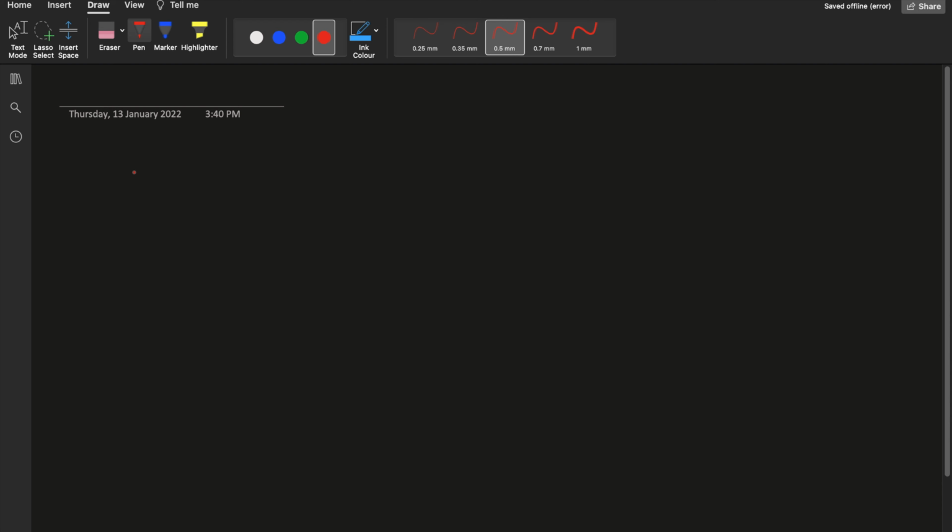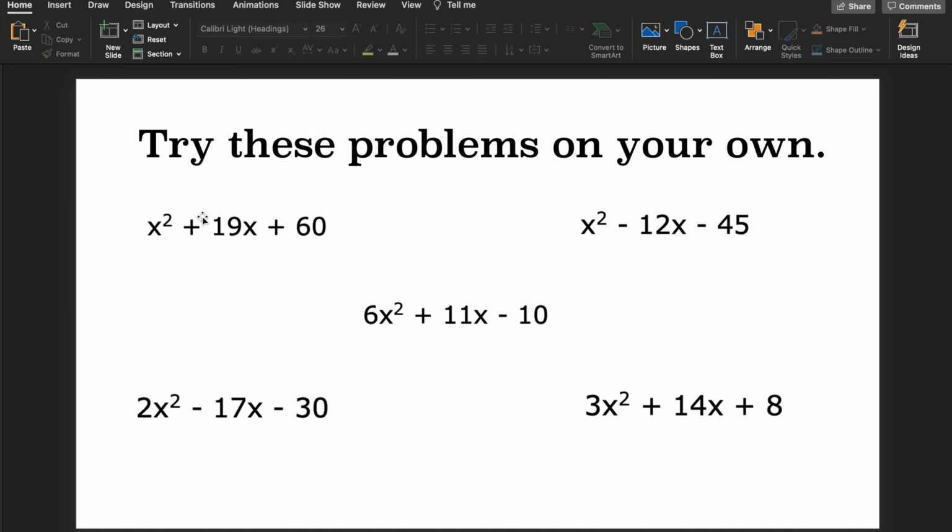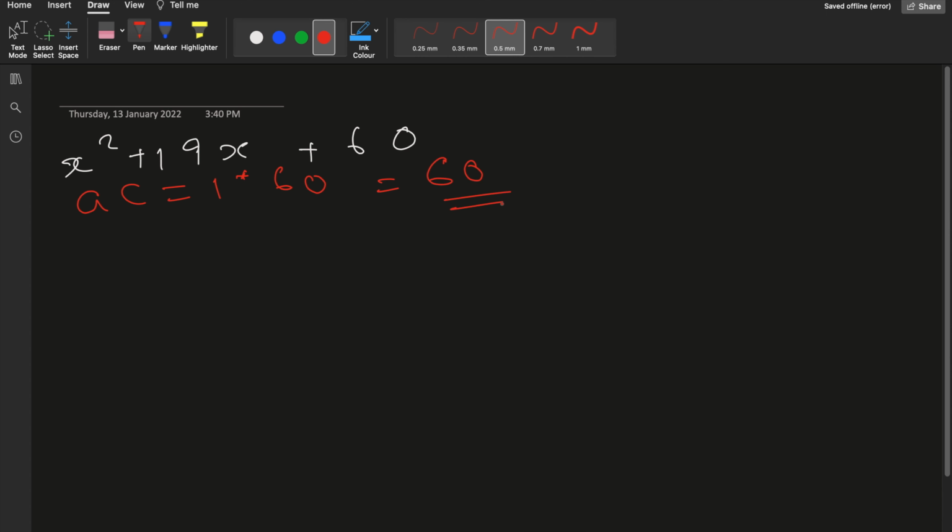Okay, so the first equation was x squared plus 19x plus 60. So we'll have to factor this 60. There is no coefficient of a. We just write AC equals 1 into 60, that is 60. Now we have to find the values. 60 can be written as 1 into 60, which gives 61.